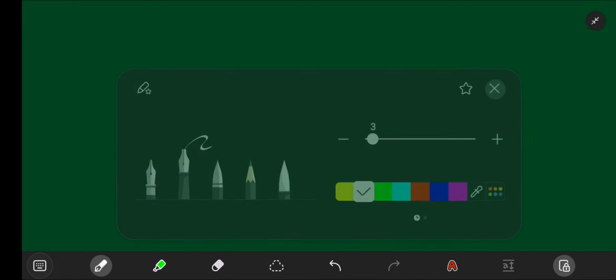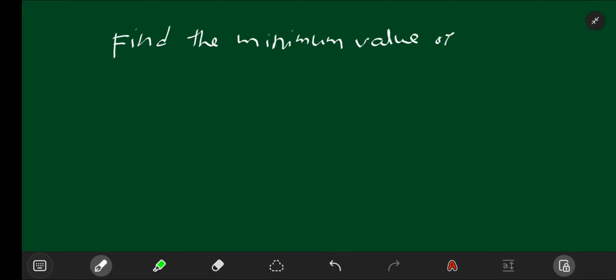Next example. Find the minimum value of 9 tan square theta plus 4 cot square theta.